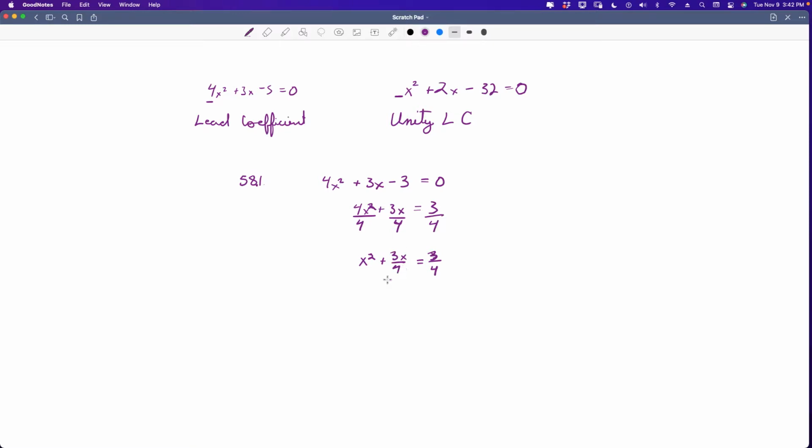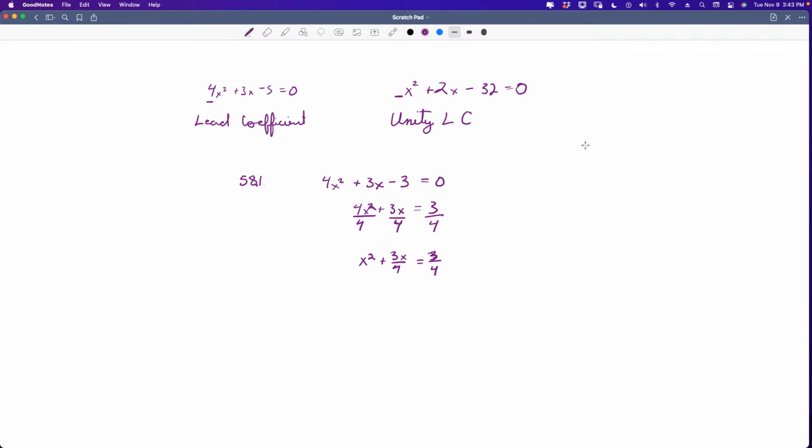Now, one of the things that we have to do in order to complete the square is take this middle coefficient, divide it by 2, and then square it. To divide this fraction by 2, we're just going to multiply it by 1 over 2, and that's going to do the work for us.